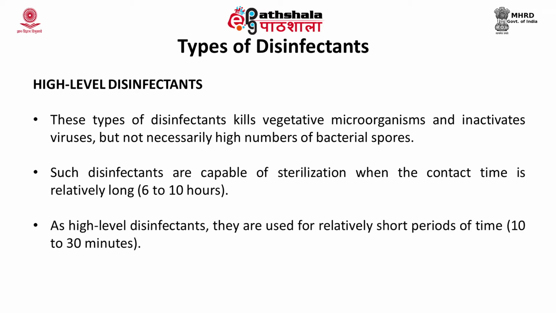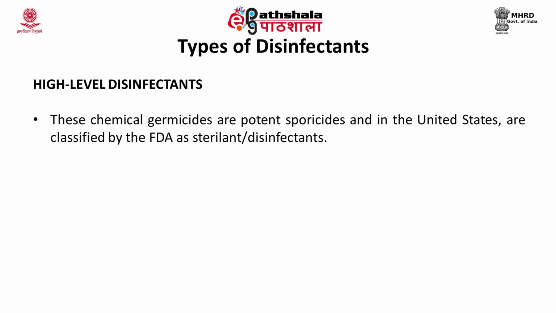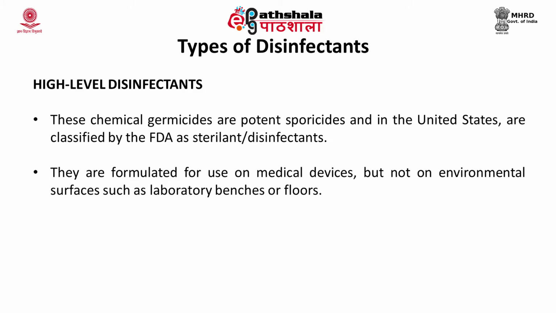As high level disinfectants, they are used for a relatively short period of time. These chemical germicides are potent sporicides, and in the United States, they are classified by the FDA as sterilants or disinfectants. They are formulated for use on medical devices, but not on environmental surfaces like laboratory benches or floors.